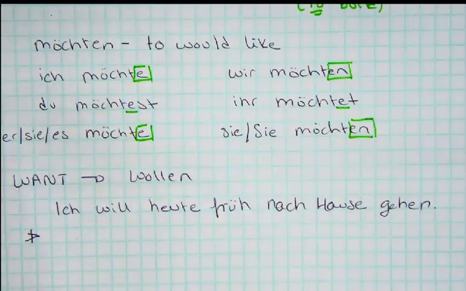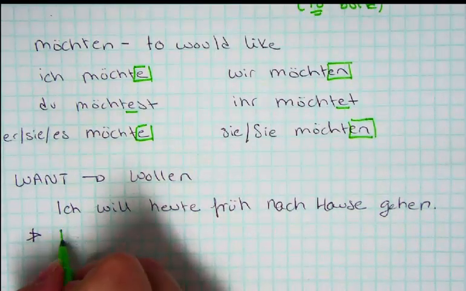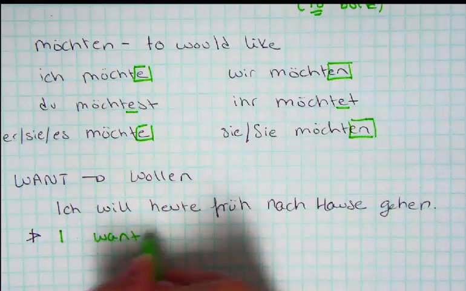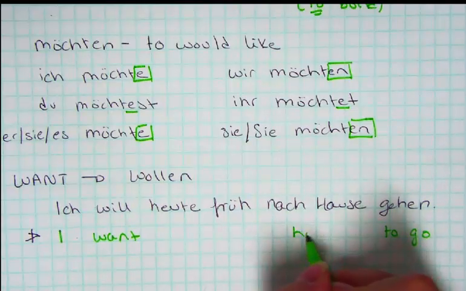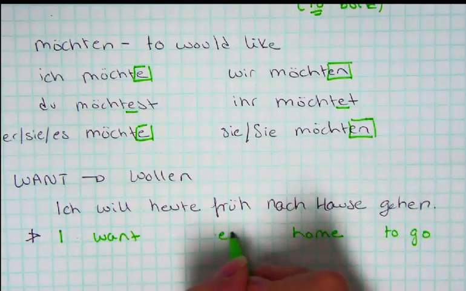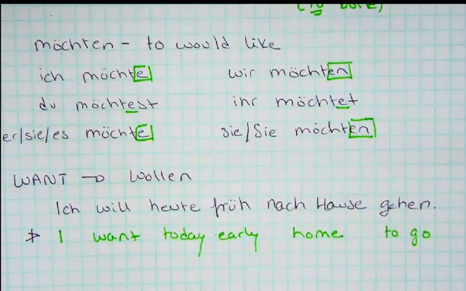So now that you're done, or you at least hopefully put a good guess in, it means I want to go home early today. So that is in a funky order.